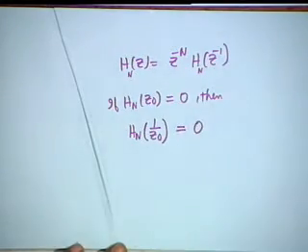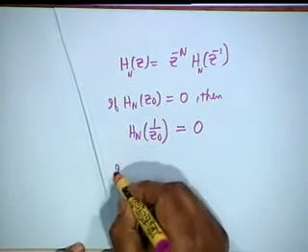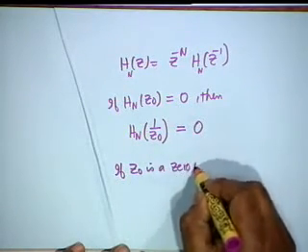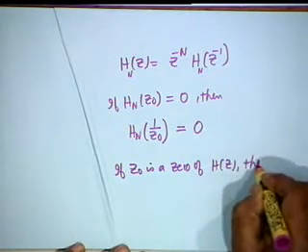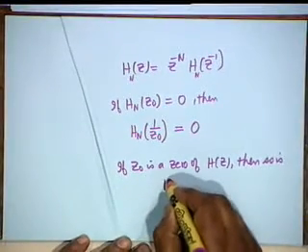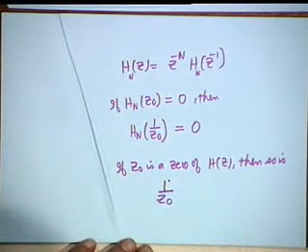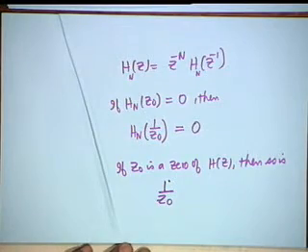That is, we derive that if z0 is a 0 of Hn of z, then so is 1 by z0. In other words, the zeros occur in reciprocal pairs.